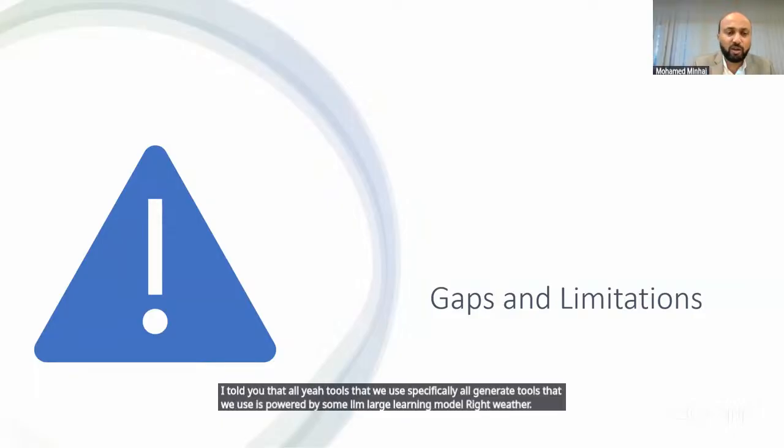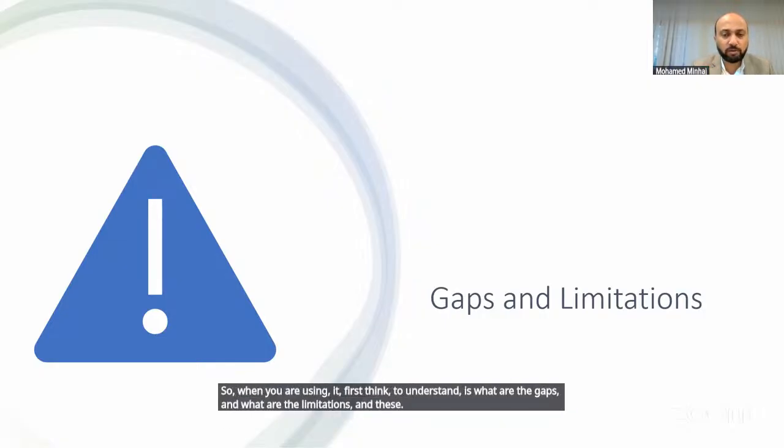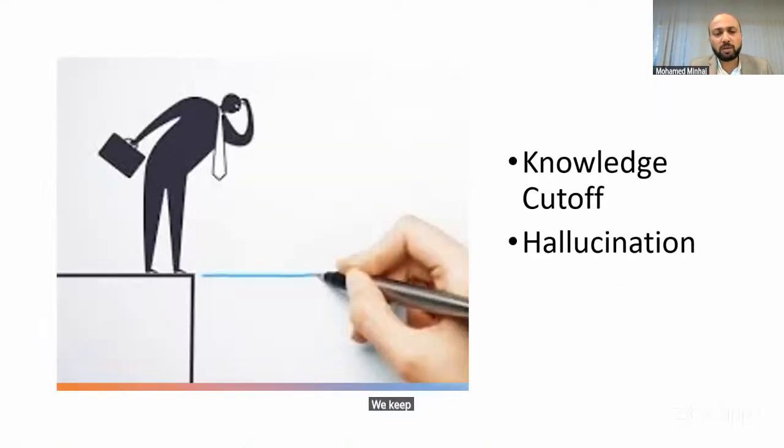Whether it's a standalone tool or an integrated tool, there is some LLM working behind the scenes. So when you're using it, the first thing to understand is what the gaps and limitations are. And these gaps, as I told you, come from two things: which algorithm is powering it and what its knowledge base is.